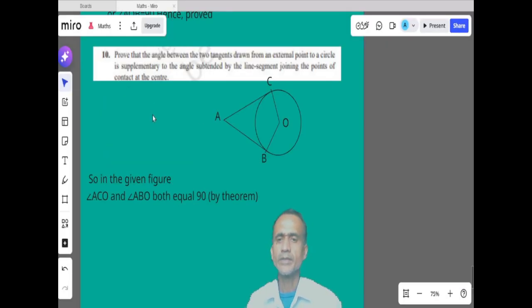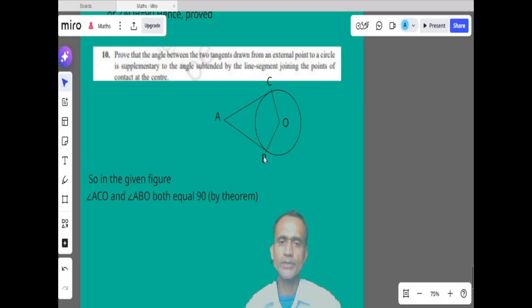In question number 10, we need to prove that the angle obtained by tangents at point A, the two tangents are AC and AB, subtend an angle A outside the circle, and the angle subtended by the line joining the points of contact of the tangents to the center.